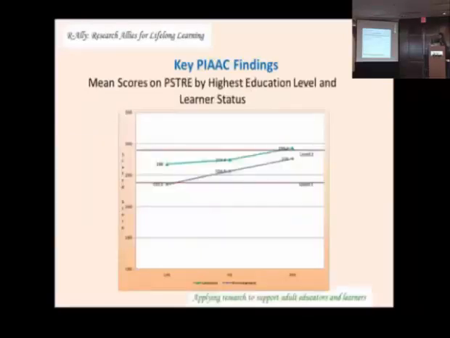In terms of poster skills, this one's laid out a little bit differently. Now we have the less than high school, the high school, and the PSE along the bottom of the graph. At the top, the green line represents the learners, and the blue line represents the non-learners.